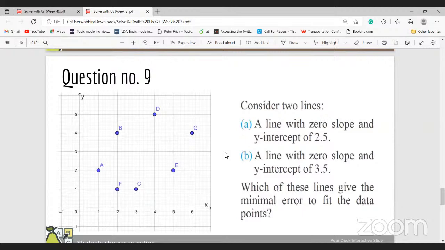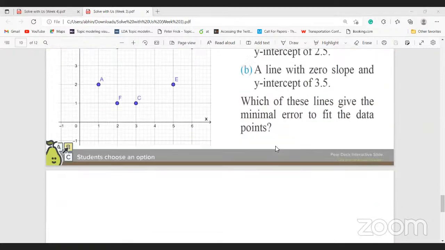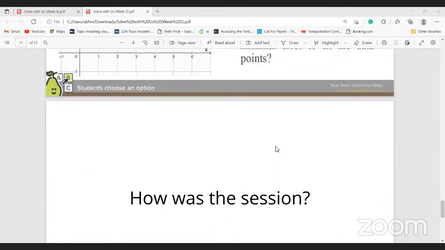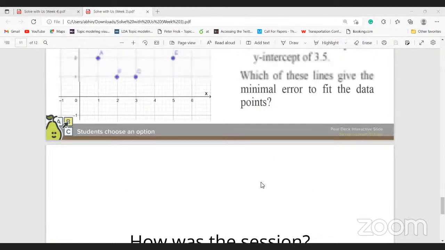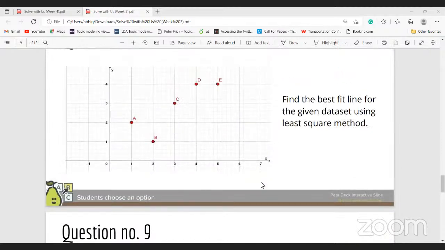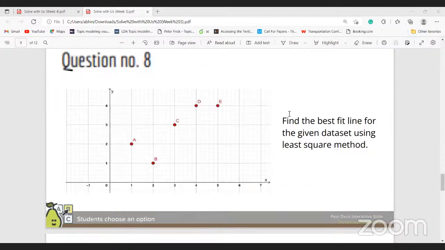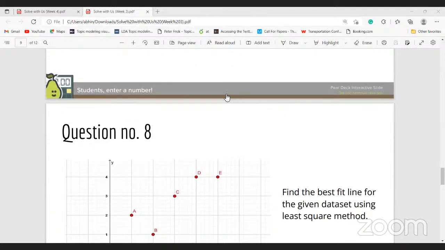If there were, let's say, both x-axis and y-axis, then we would have solved it with the least square method. See, the error is always with respect to the target variable.